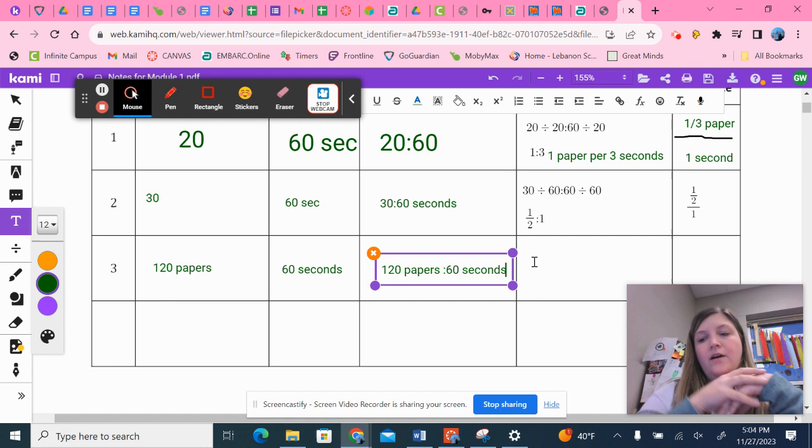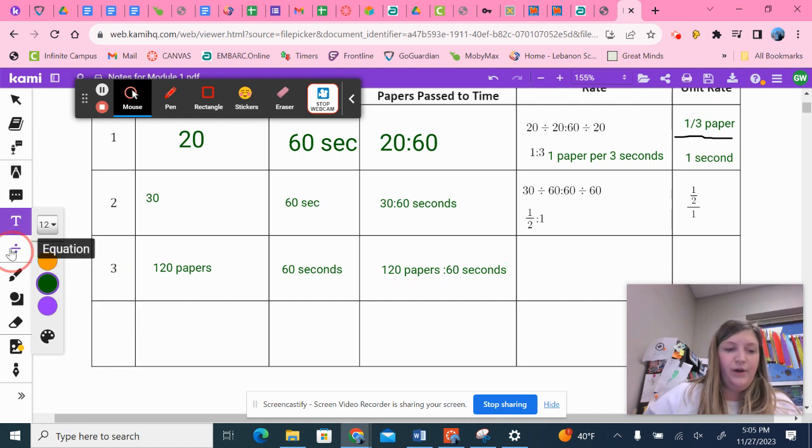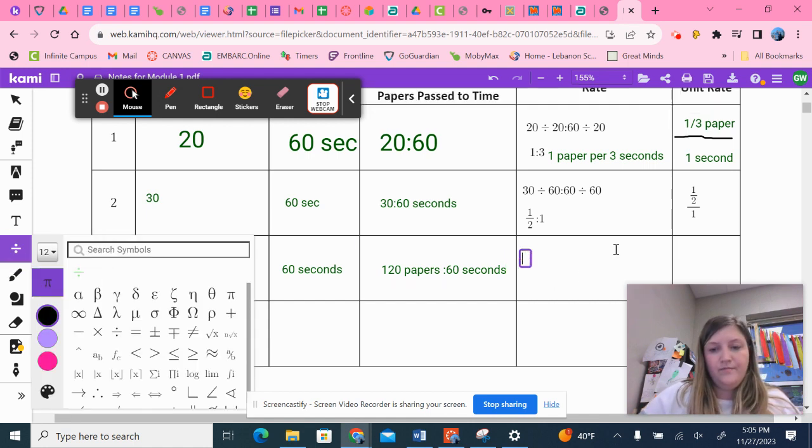Now, just like we've been doing, our goal is to get 60 down to 1. So what would I divide 60 by to make it equal to 1? Good. Now, if I do it to the bottom, what must also be true about the top? Good, you have to divide that by 60 as well. So we're going to write that down: 120 divided by 60 to 60 divided by 60.